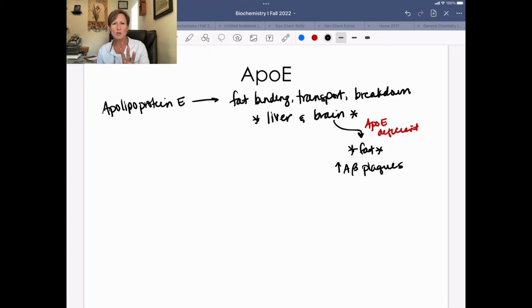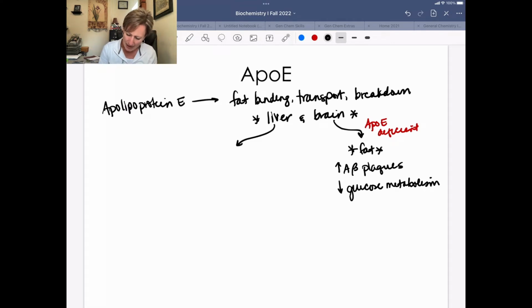These are insoluble protein aggregates, and normally they can be cleared from your brain by efficient apolipoprotein function, coupled with your glymphatic system. Another consequence is that ApoE deficiency has a negative effect on glucose metabolism, and we'll see more about that when we talk about the connection with glucose metabolism and Alzheimer's disease.